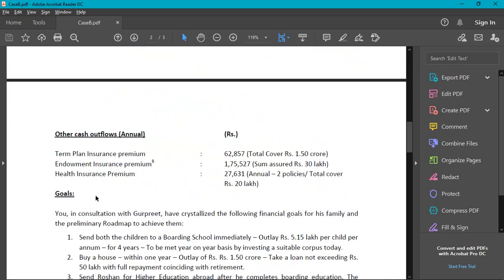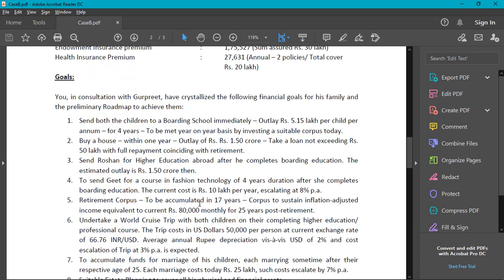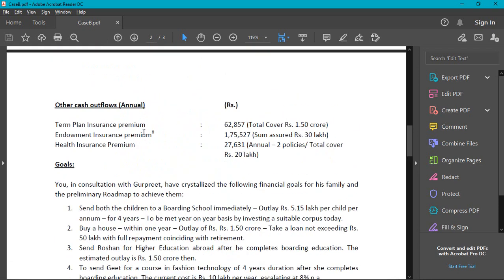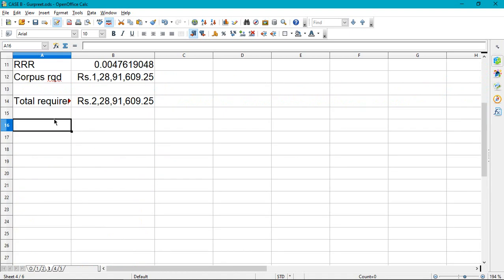So here you can find on page number 2 that he already has a term insurance cover which is a total of 1.5 crore. Let's write it down. Existing term cover which is 1 crore 50 lakhs, right?